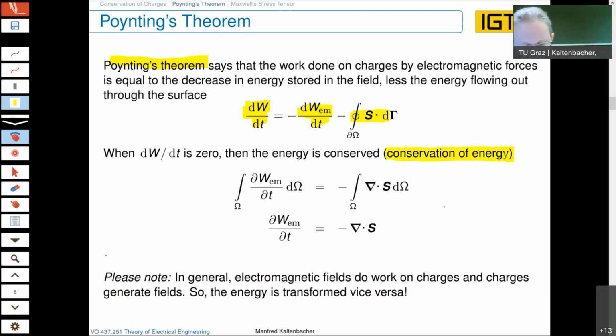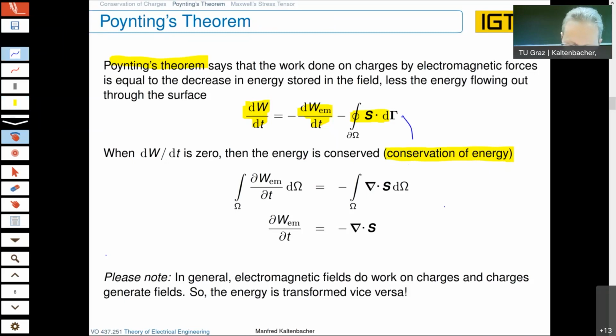Then the change of the electromagnetic energy, given by the energy of the magnetic field and the energy of the electric field, is equal to what goes over the surface. So for this volume we consider the enclosed surface, partial omega, by our intensity, the Poynting vector.